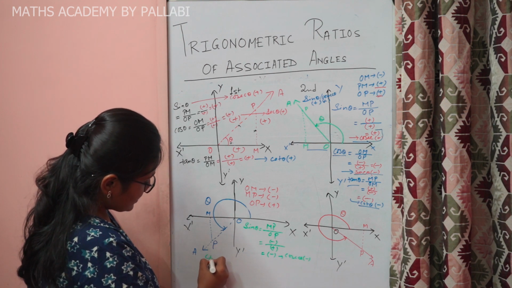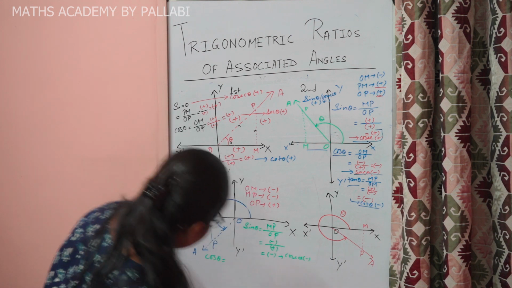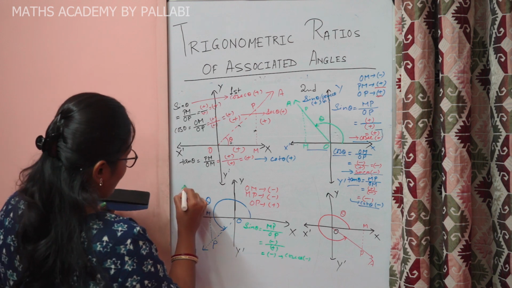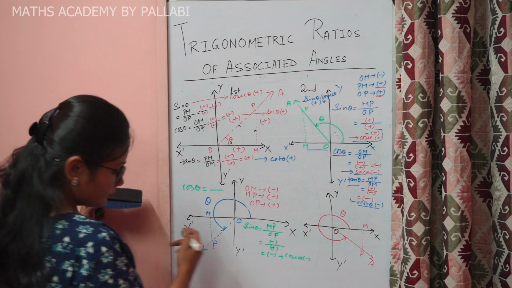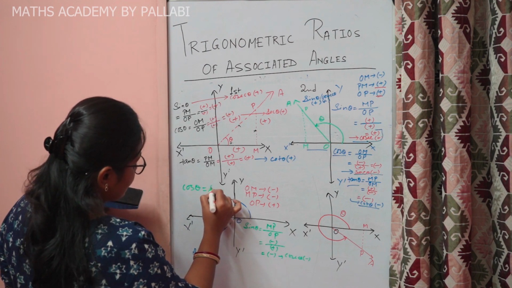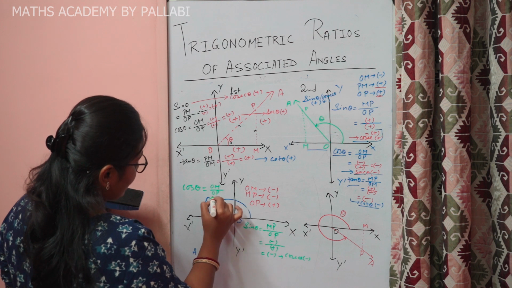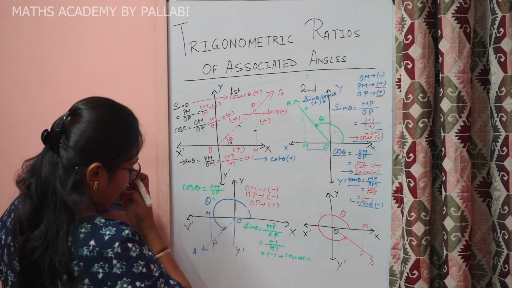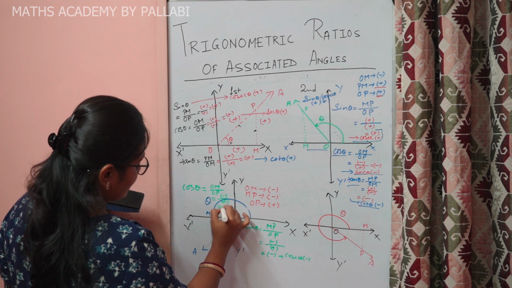Now come to cos theta. For cos theta, it will be base OM by hypotenuse OP. Here OM is negative and OP is positive, so it will be negative.